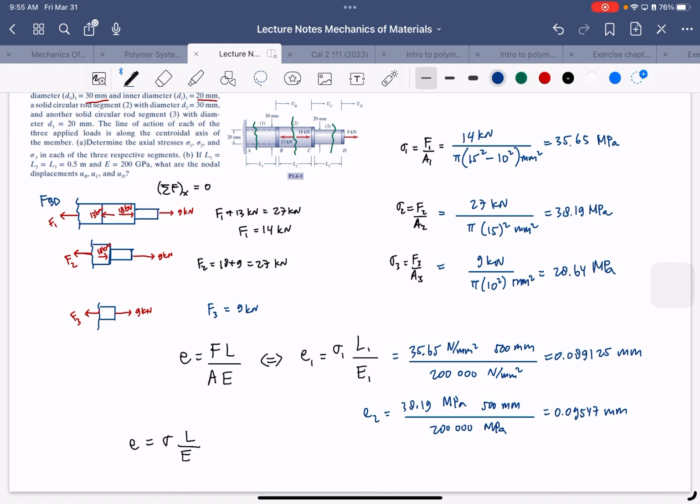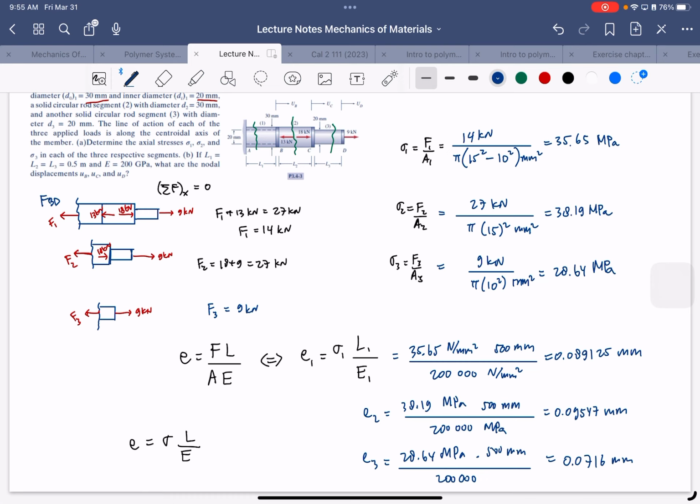And then e3 is the same thing. This will be 0.0716. So we get e1, e2, and e3.